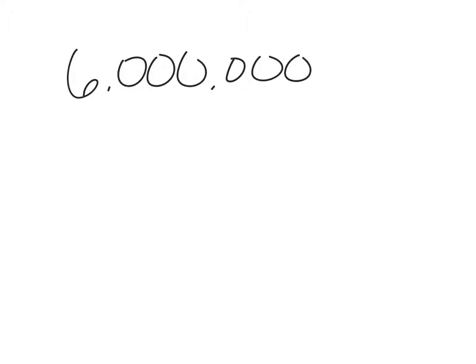What I mean by that is, for instance, if I had, say, 6 million, that's a pretty long number. There's a different way that we can write that to make it a little bit condensed.